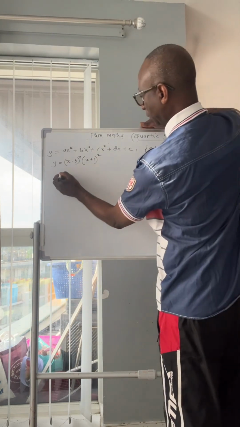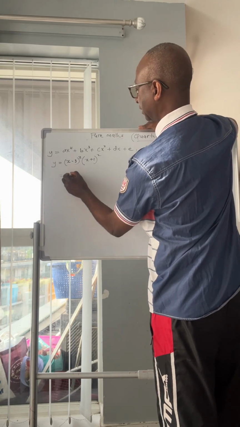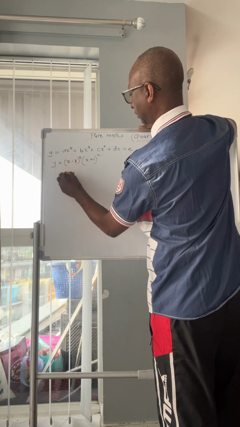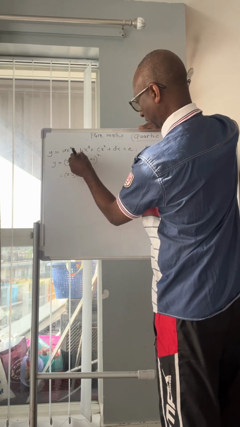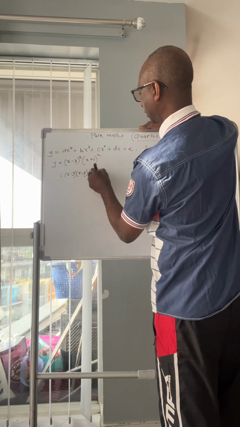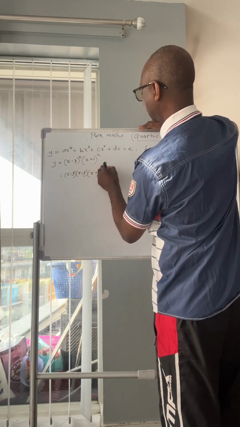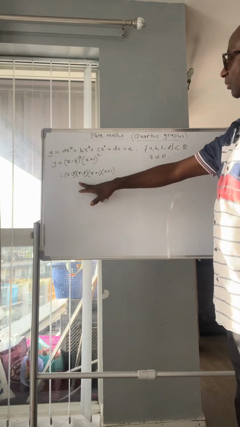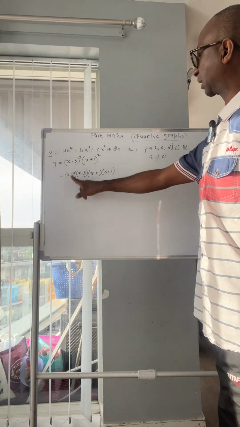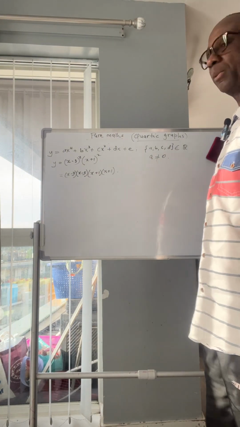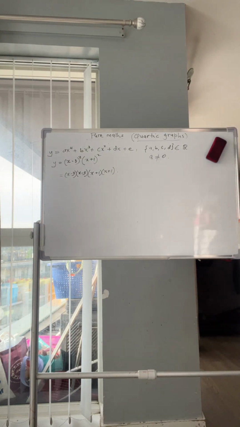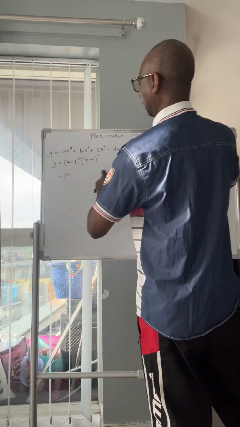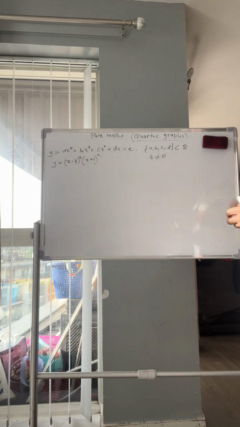This equation means x minus 3 multiplied by x minus 3, and multiplied by x plus 1 multiplied by x plus 1 again. So 1, 2, 3, 4 x's, you get x to the power of 4. But they have factorized it, which makes it simple to solve. So if that is the case, let's look at what we have.